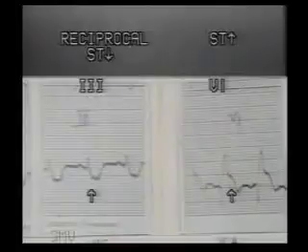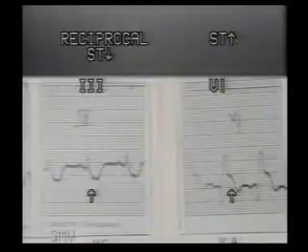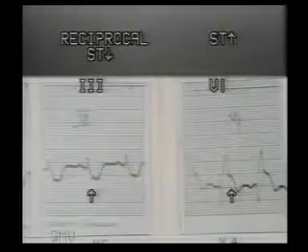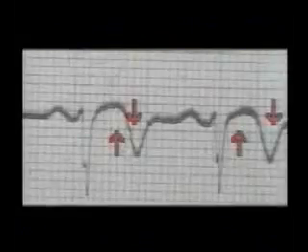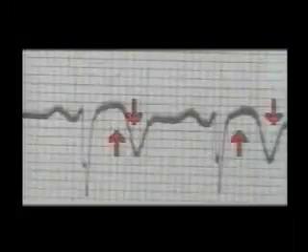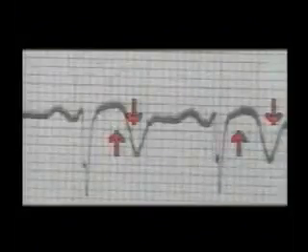So the second important point to note is the leads showing ST elevation, which will localize the infarct. And the third point is the nature of the T wave, which will tell the age of the infarct. Remember once again that ST elevation with T wave inversion is seen only in established myocardial infarct.